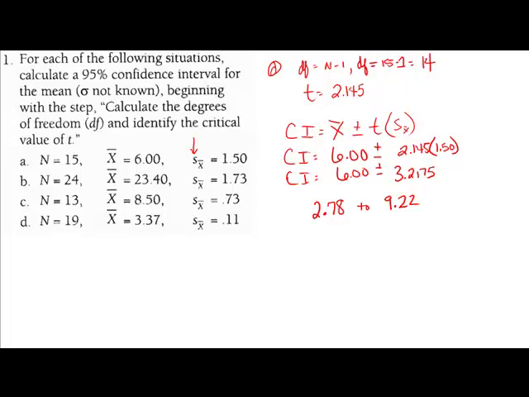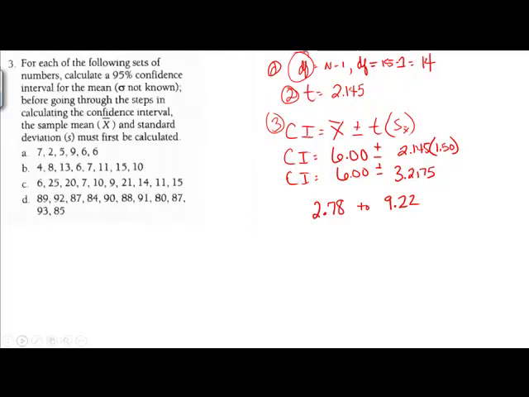Okay. 2.78, 9.22. So stepwise, first we did the degrees of freedom. Second, we looked at what t was. And third, we used the equation. Let's look at number 3.